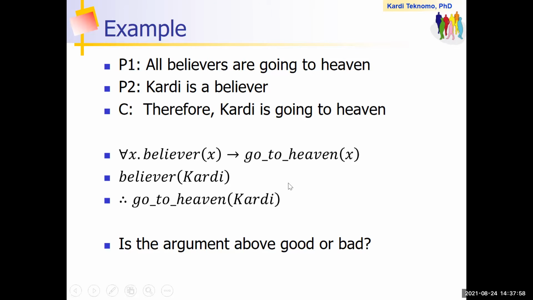For all X, believer X implies go to heaven X. When I say all believers are going to heaven, this is the symbol. The second premise, Cardi is a believer, so believer Cardi, or believer X, that's okay. And then therefore Cardi is going to heaven, so go to heaven Cardi.